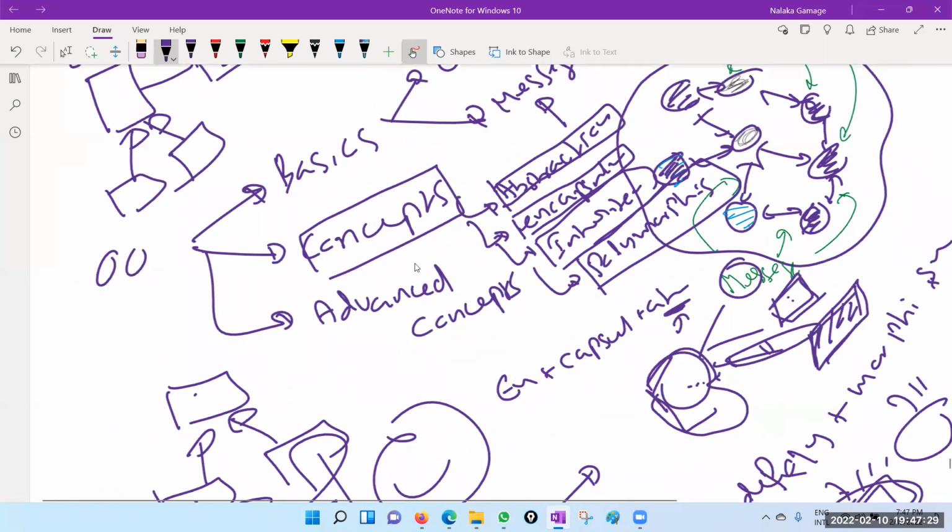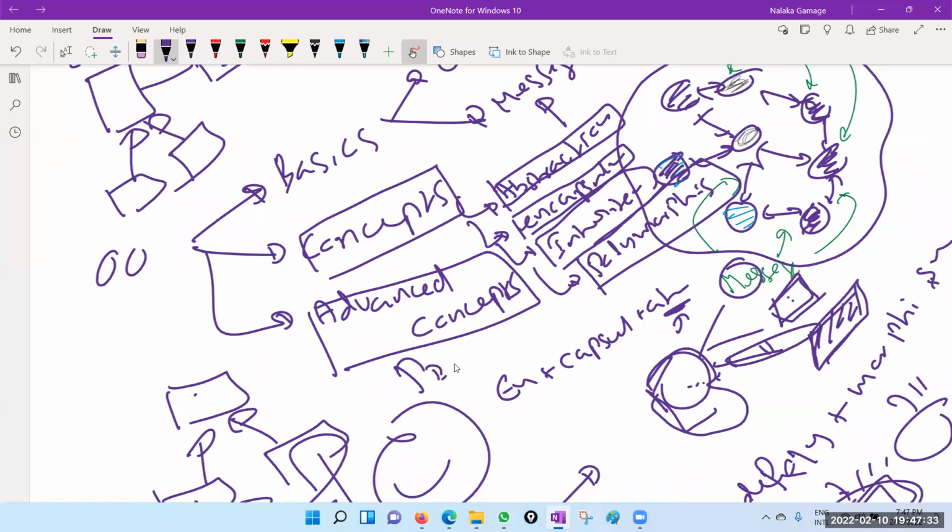So then we have some advanced concepts. So that is where you have concepts like design patterns, right? Design patterns, some architectural patterns, and some advanced concepts like inversion of control, right? So you will be learning those concepts in your level 2, right?